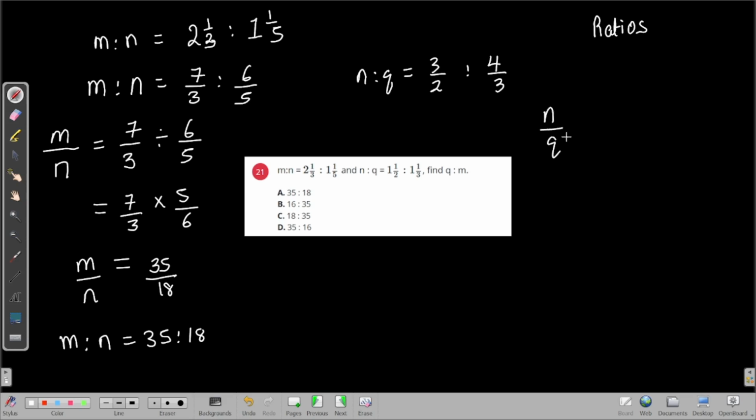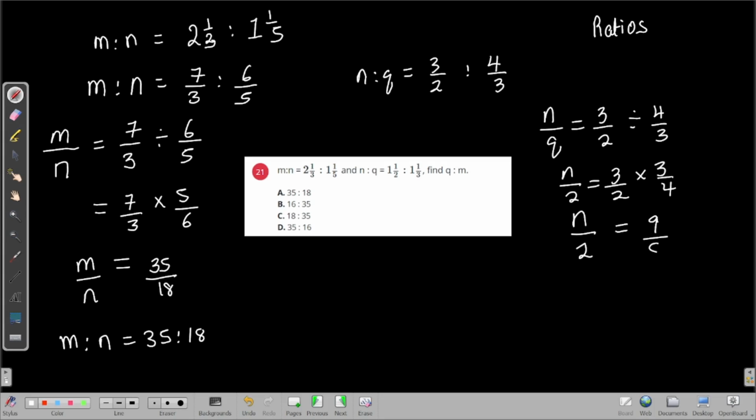So we'll do the same thing on the other side. n divided by q is 3/2, so it means that n ratio q is 9 ratio 8.